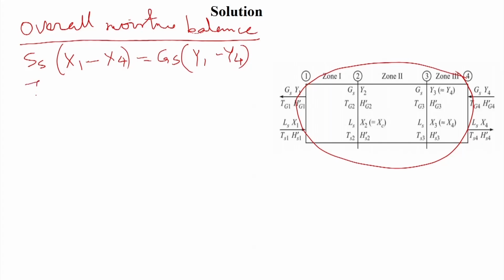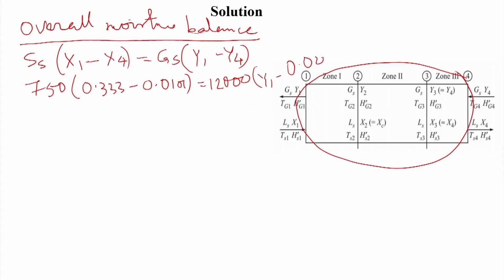So that is 750 into X 1, 0.333, minus X 4, 0.0101, equal to G s, given as 12,000, into Y 1, which we do not know, minus Y 4, given as 0.025.